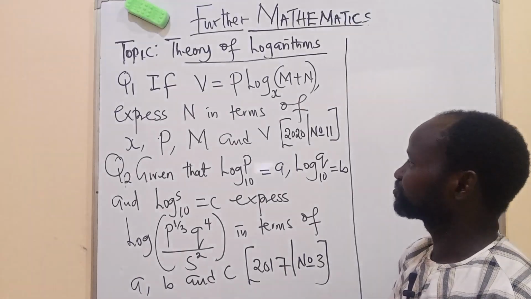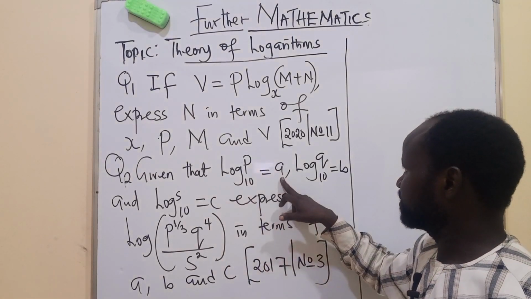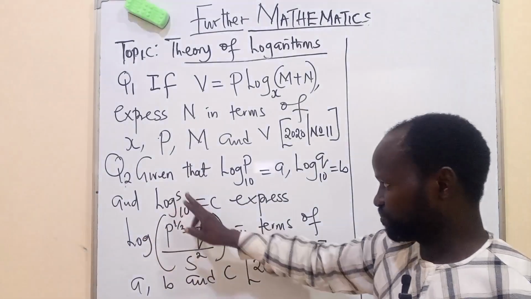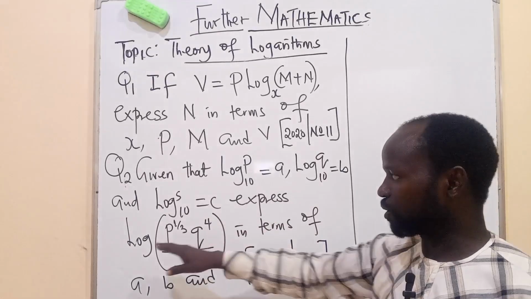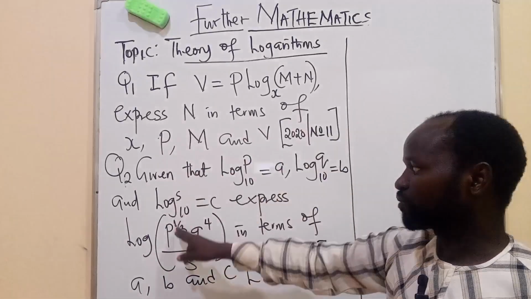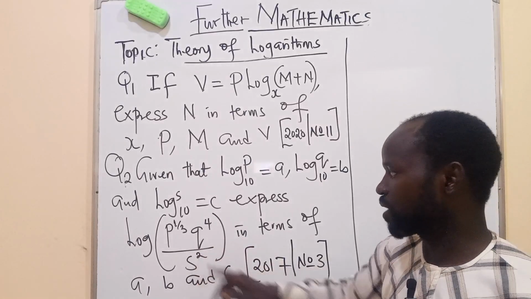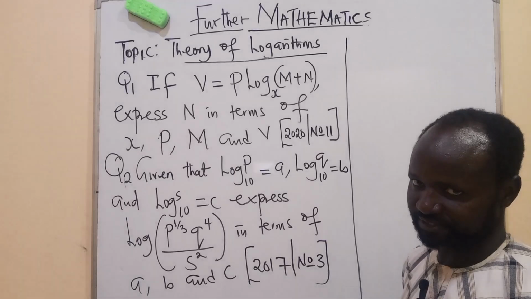Question number 2: given that log p to base 10 is a, log q to base 10 is b, and log s to base 10 is c, we are asked to express log of p power 1 over 3 times q power 4 divided by s power 2 in terms of a, b, and c.